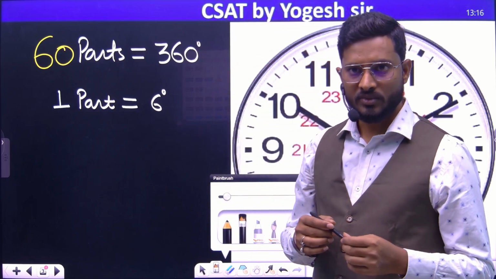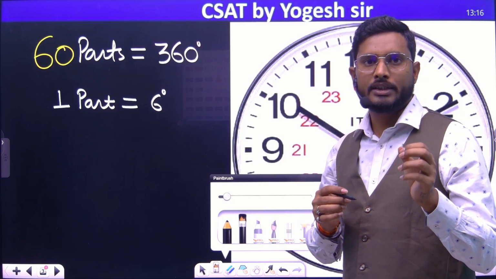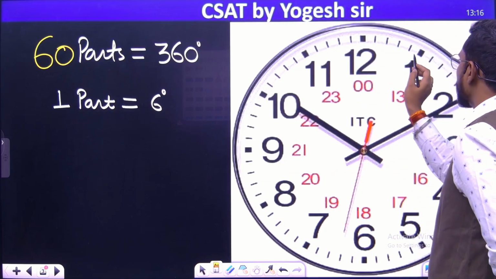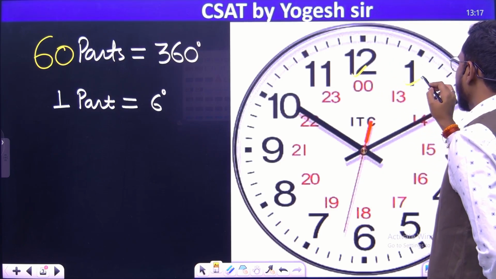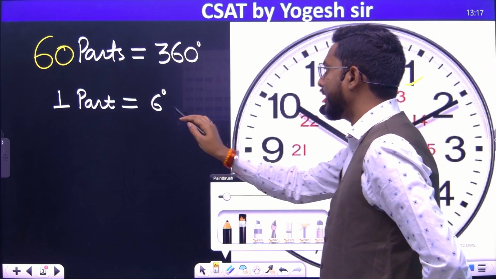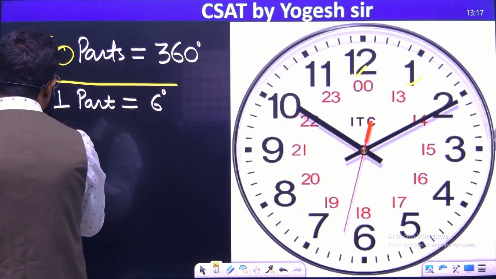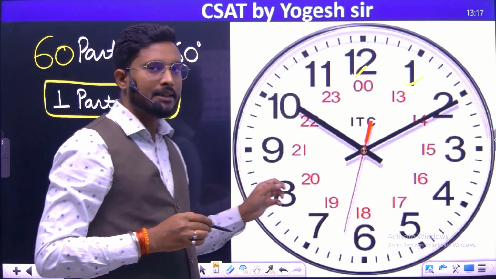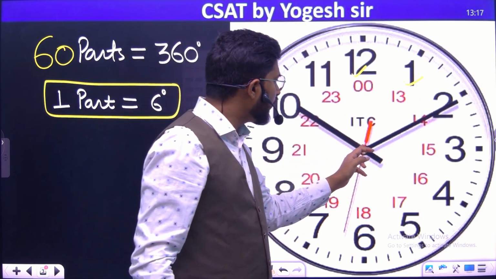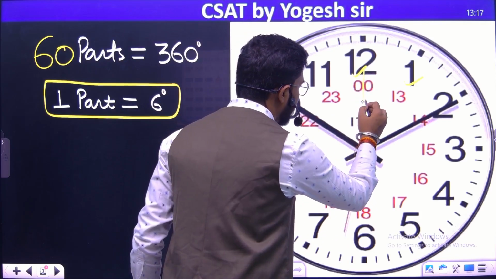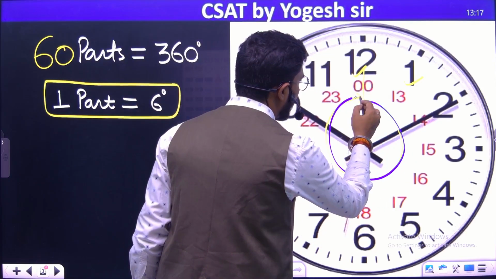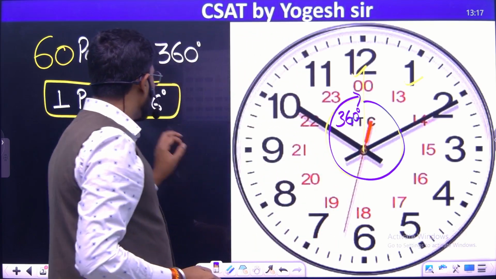So first we have to measure the angle between two numbers, which is 30 degree, because the value of one part is 6 degree, as it is divided into 60 parts, and the value of the whole circle is 360 degree.